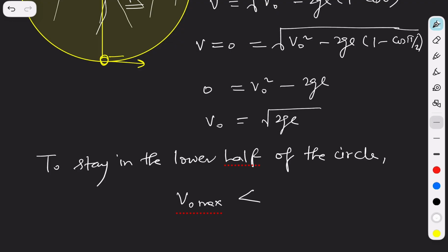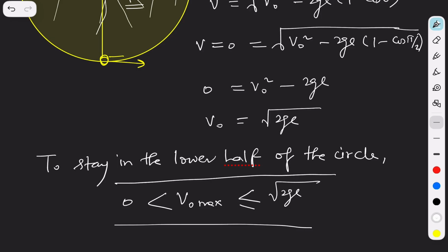So it should always be less than or equal to root 2gl, and of course greater than 0. Then it will always stay in the lower half. So the maximum that it can have is root 2gl.